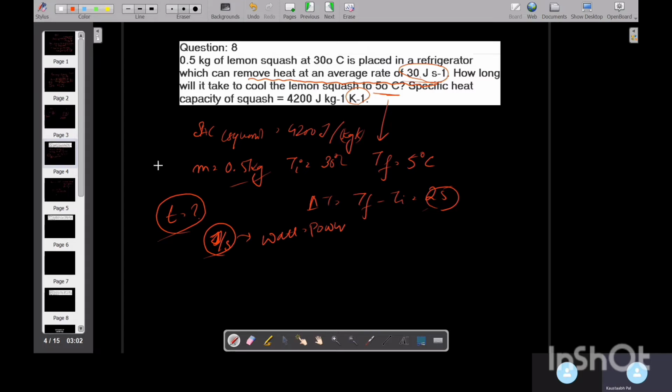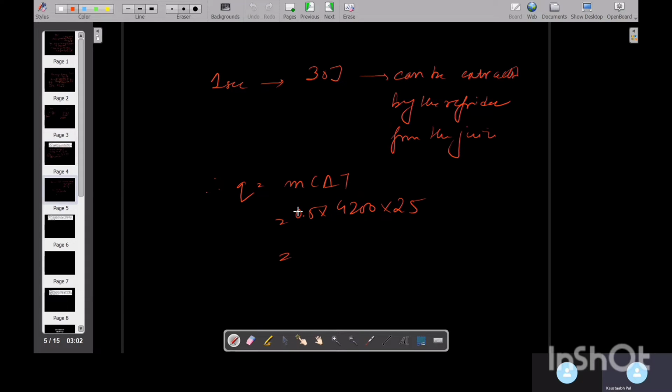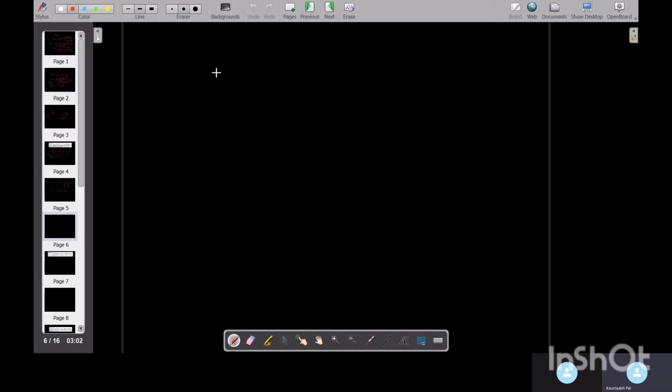Okay. So straight away find out mc delta T, which is the amount of heat which is there inside this juice. Okay, so this is the amount of heat which is there. Now the refrigerator can extract 30 joules of heat in 1 second. Therefore it is now just a simple unitary method.